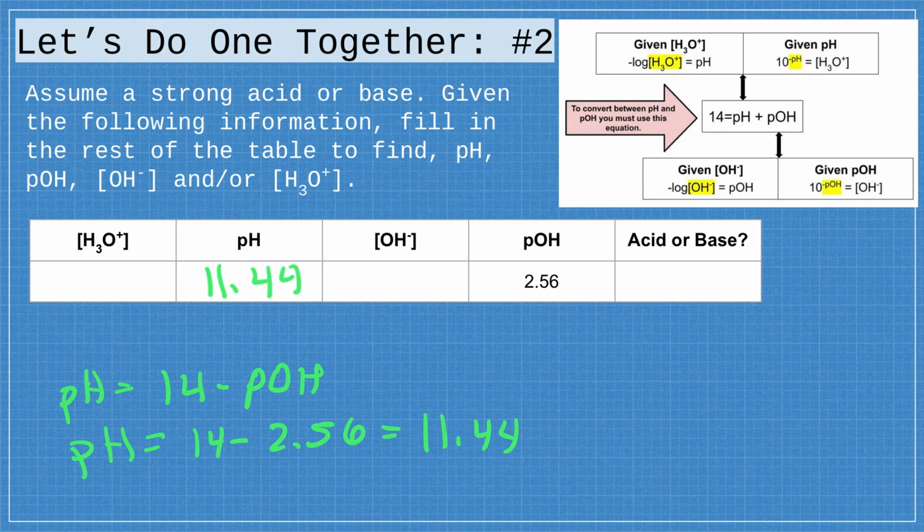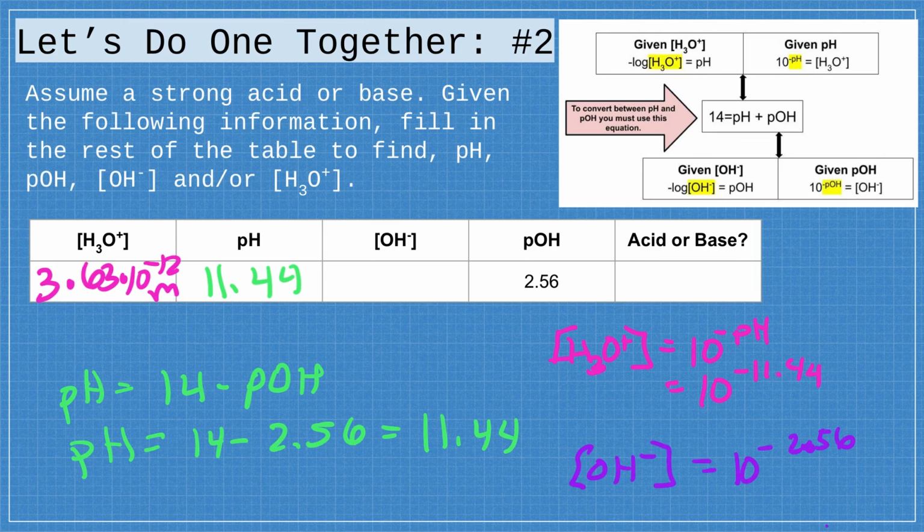Okay, now if we are going to calculate the hydronium ion concentration, the concentration of H3O plus is equal to 10 to the negative pH. So that's going to equal 10 to the negative 11.44. So the answer there is 3.63 times 10 to the negative 12th.